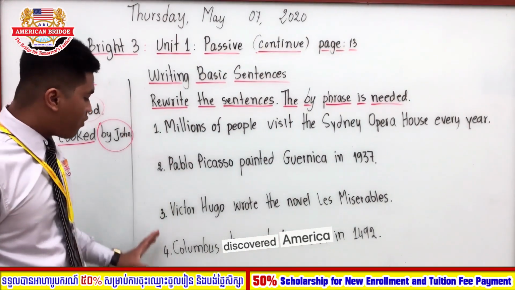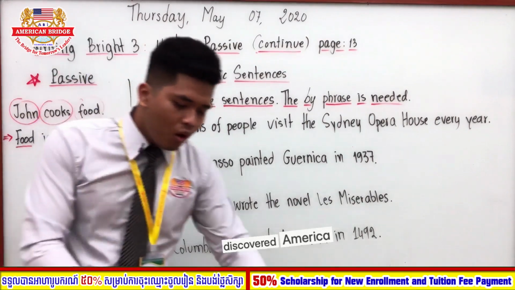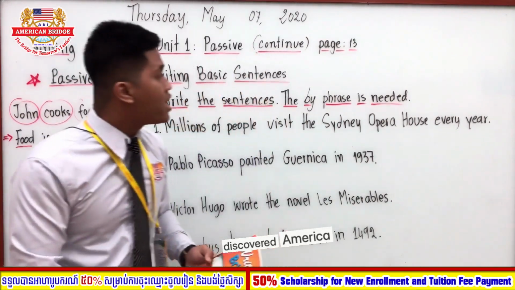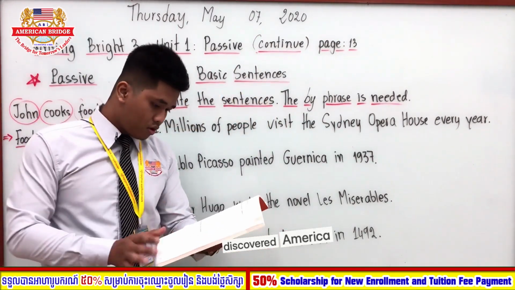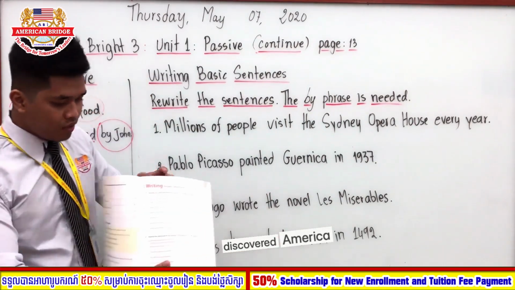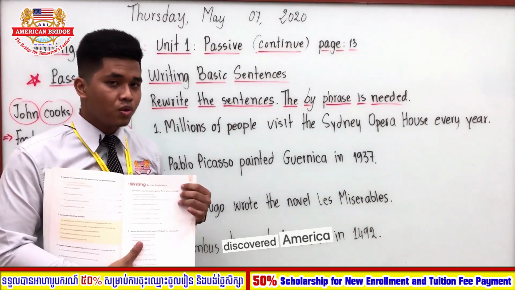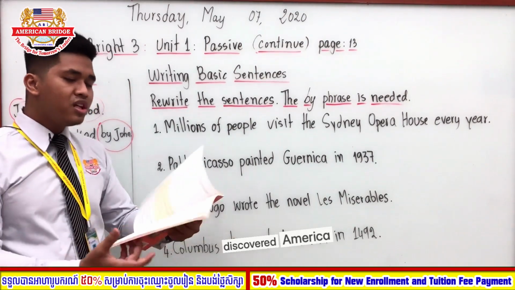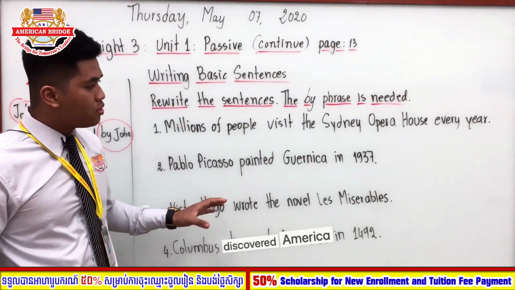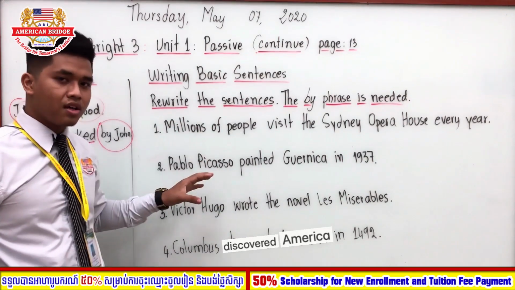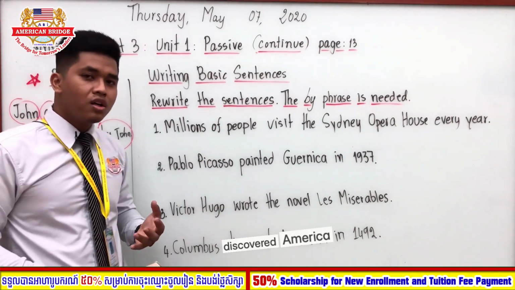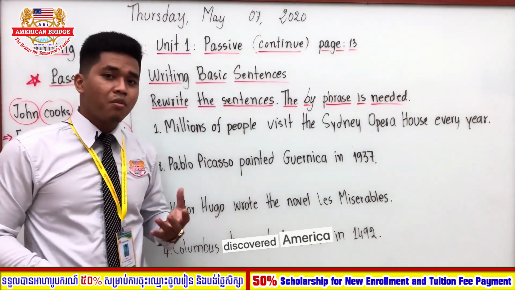So here I have 4 sentences, but if you open your course book to page 13, you can see there are a lot more exercises for you to do. That is why I say you need to pay attention to how I do this exercise, so that it can help you do those exercises by yourself.